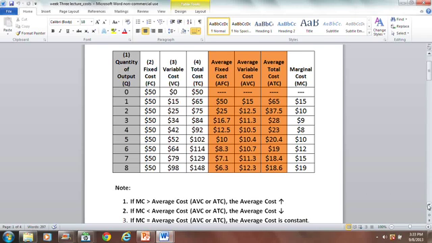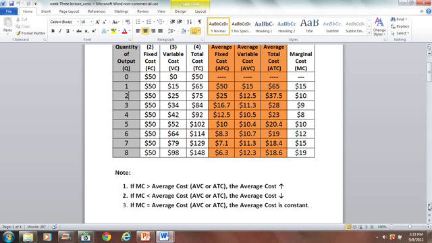Now, a couple of things to observe here. The marginal average principles also apply to cost. So notice here, when the marginal cost is greater than the average cost, and the average cost could be either average variable or average total, the average cost will increase. And we can see that from the numbers.